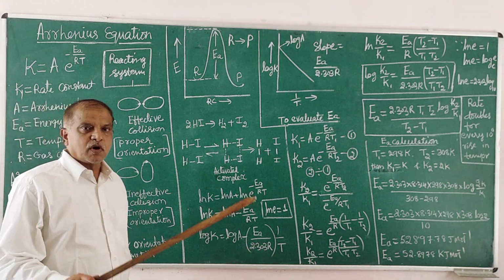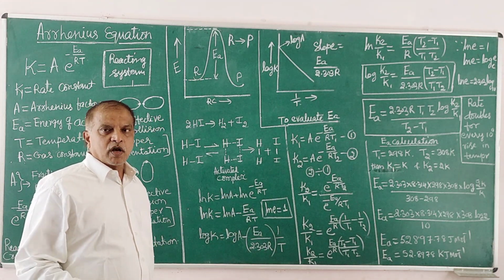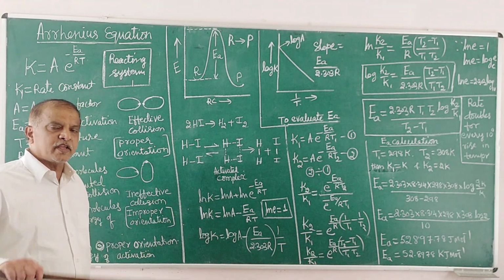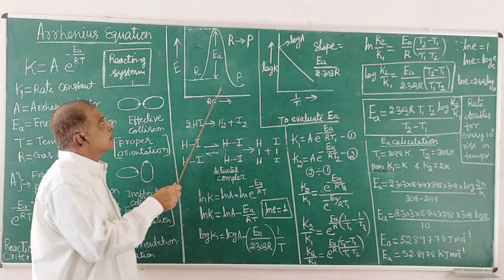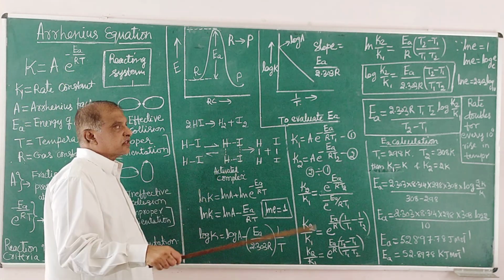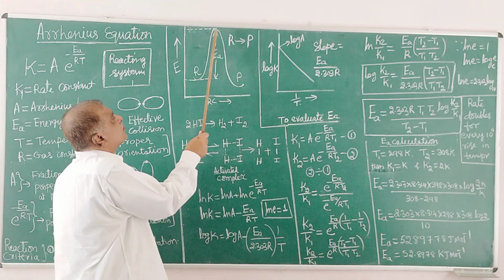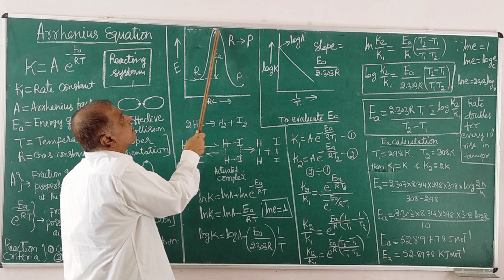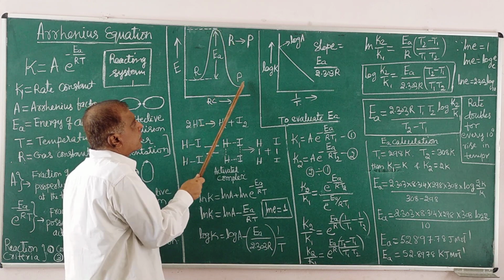During the collision, some molecules gain energy and some lose energy. Finally, a fraction of molecules gain this amount of energy in excess. Then they can react, forming product.